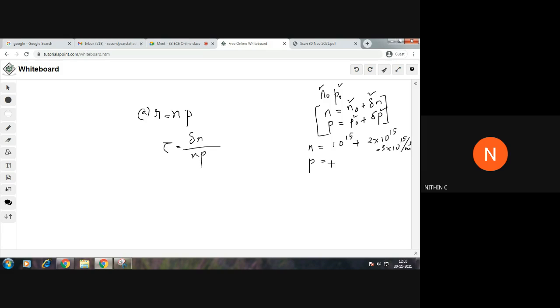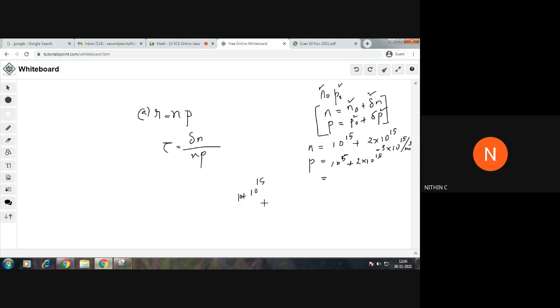Similarly, the p value: P0 is 10 raised to 5, plus delta P, which is 2 into 10 raised to 15. If you are asked what 1 plus 10 raised to 15 is, or 100 plus 10 raised to 15, you just say 10 raised to 15 itself.